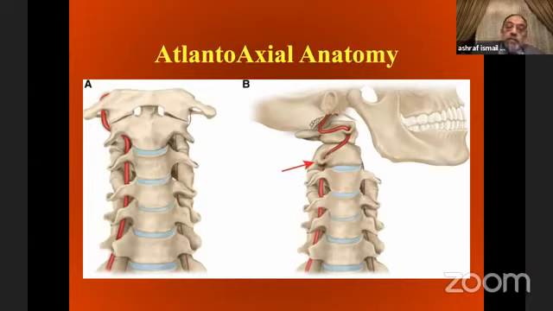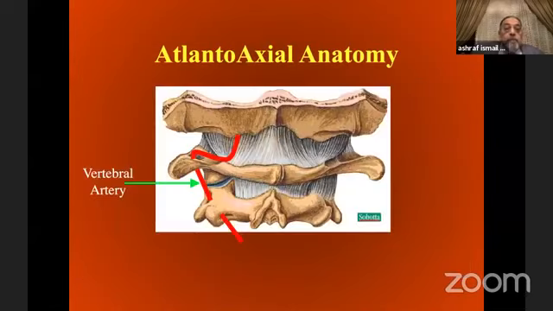This tortuosity allows rotation of the head and its wide range of movement. As we see here, this is the tortuous part of the vertebral artery, and we should take care of it with any methods of fixation, either in the atlas or in the axis.